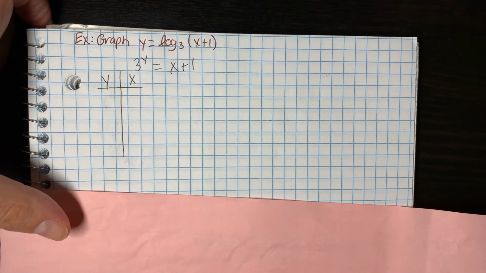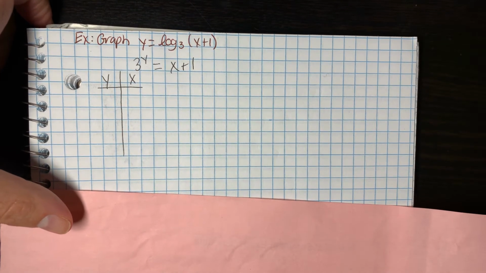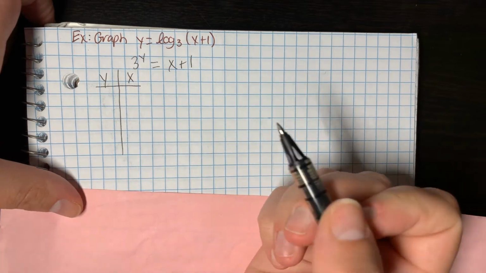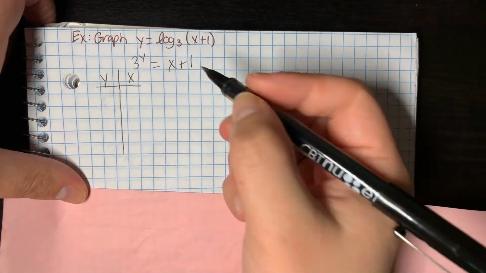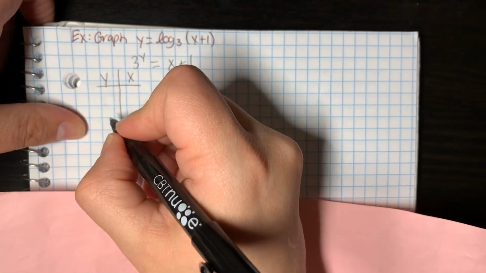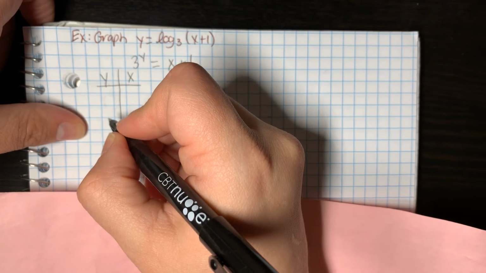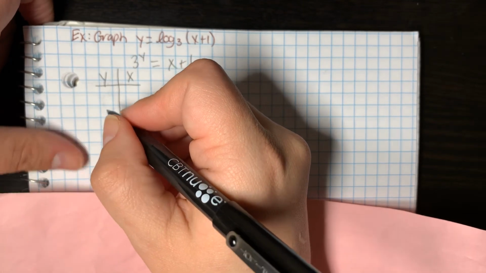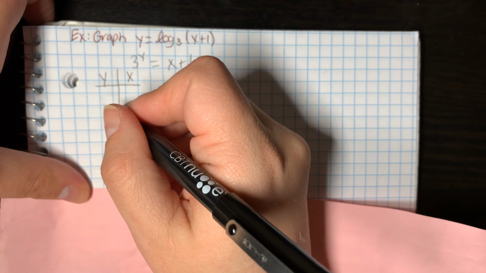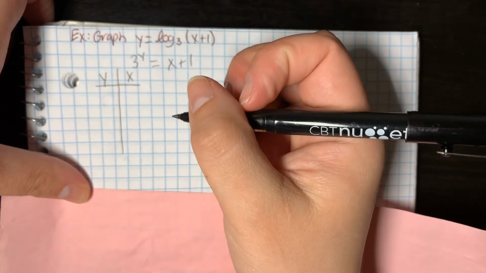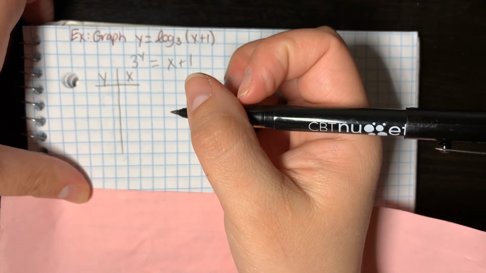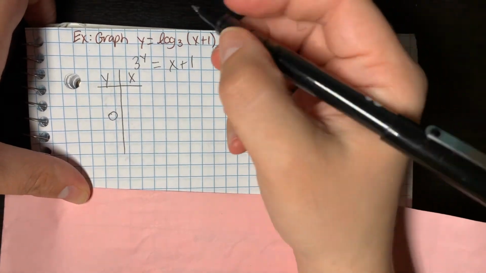When you choose points, maybe you need 0 and then maybe 5 total.